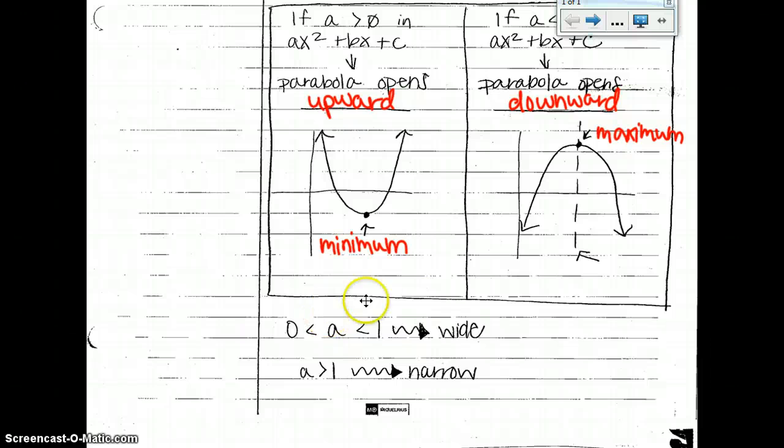Okay, in this bottom portion, this is just for your information, so you can get the graphs of quadratic functions a little bit easier. So if your a value is in between 0 and 1, so we are still positive, it's going to be really wide. If it's greater than 1, it's going to be very narrow.